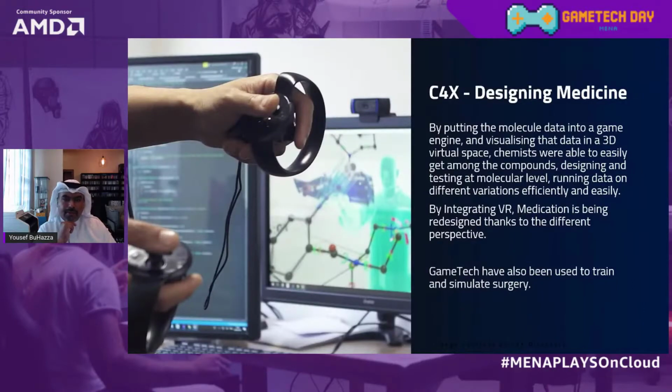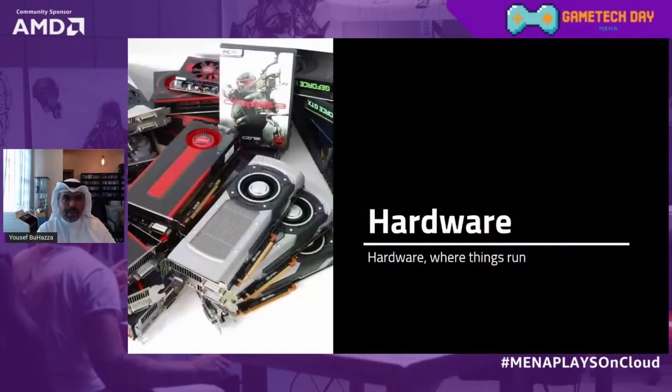CX4 is a company that designs medical products, and they are using VR technology with the Unreal Engine to create new medication. Thanks to VR, they have a better understanding of the components they use in their medicine.